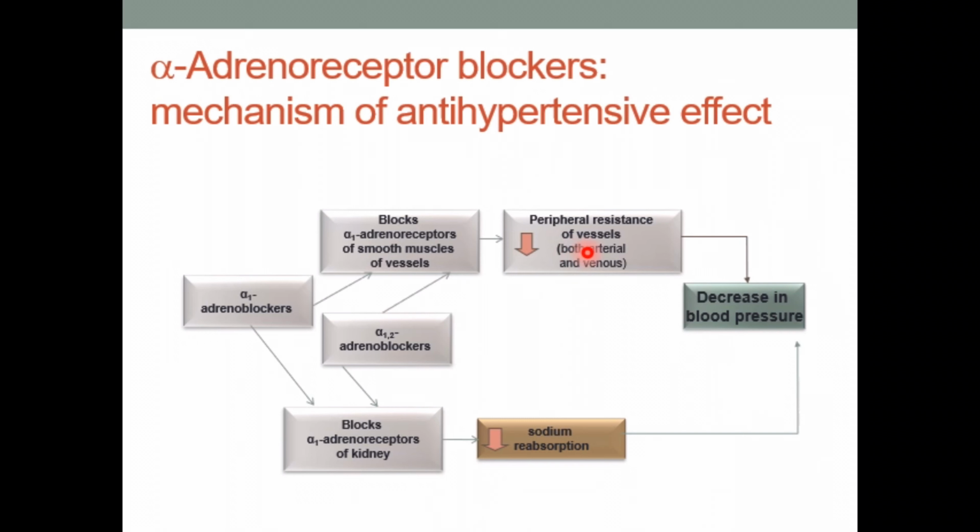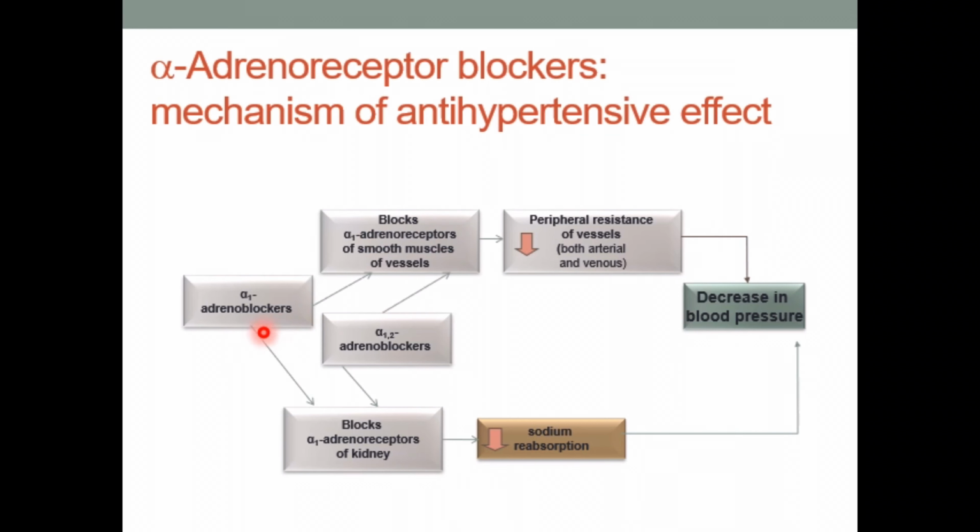This will reduce the peripheral resistance of both types of vessel, whether arterial or venous, and therefore it will cause a drop in BP. If someone has high BP, this is how alpha blockers, especially alpha 1, will decrease the BP by their action on the smooth muscle of the vessels.